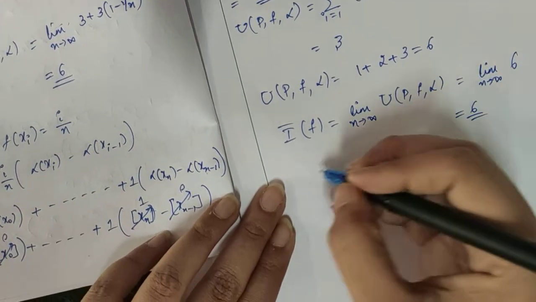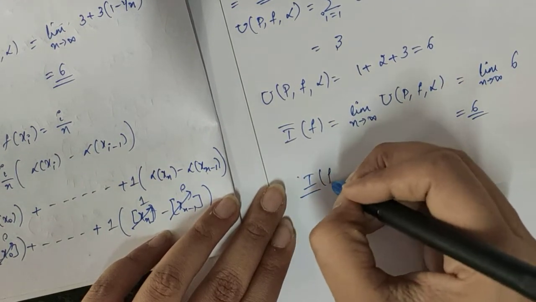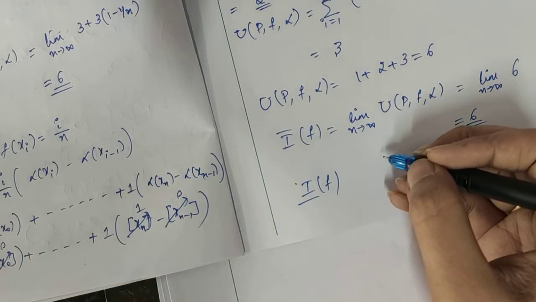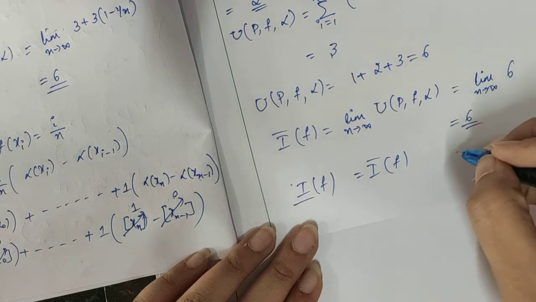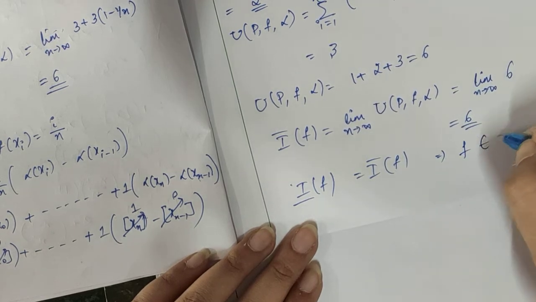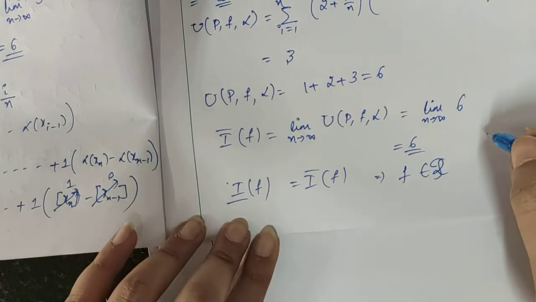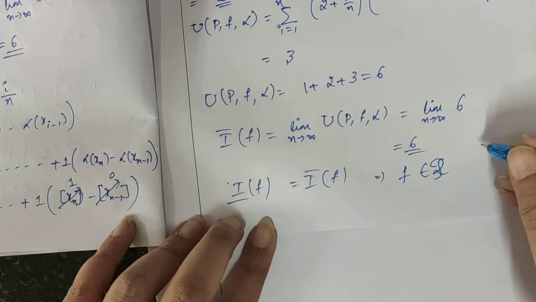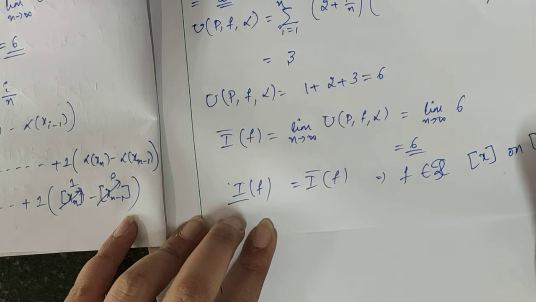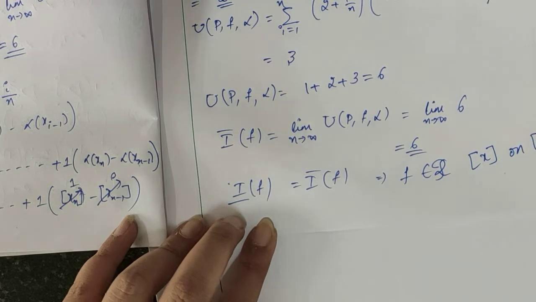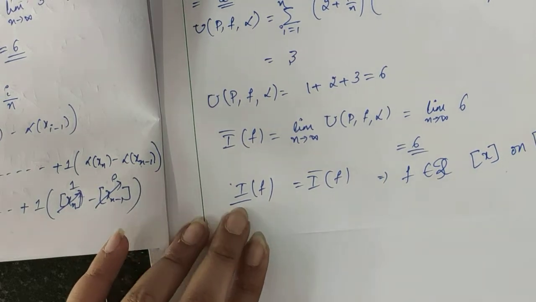So the answer is 6. Since the lower bound of the integral value and the upper bound of the integral value are equal, we can say that our function is Riemann-Stieltjes integrable with respect to the function x on the interval 0, 3. This is how we solve this problem.